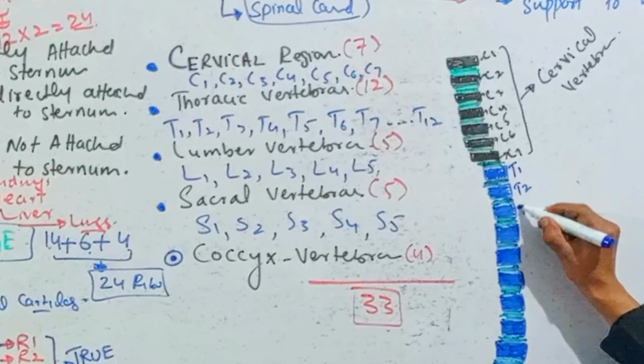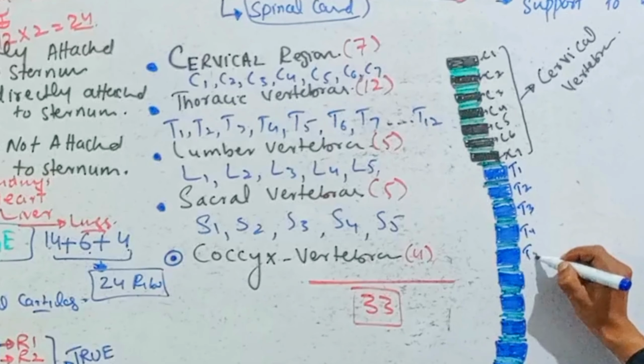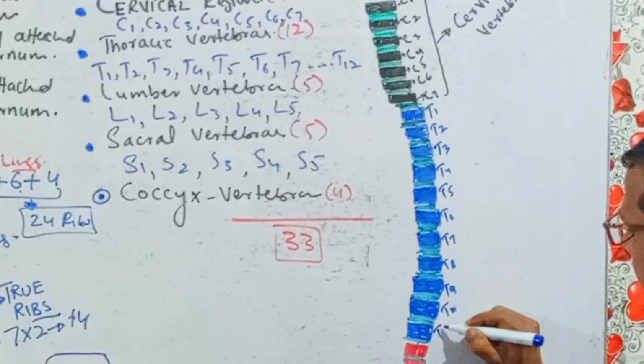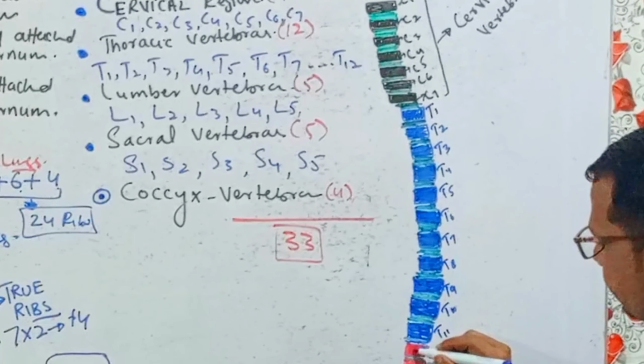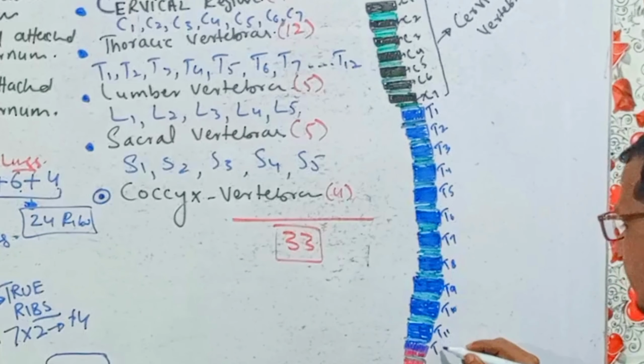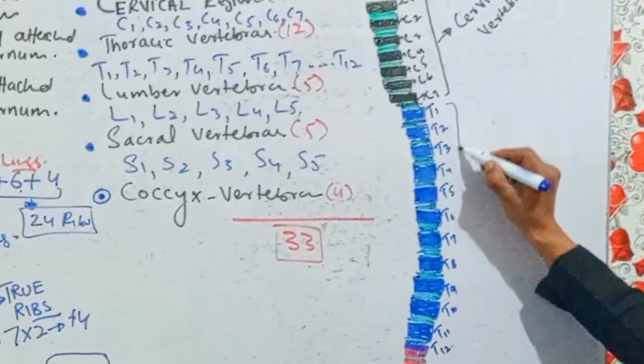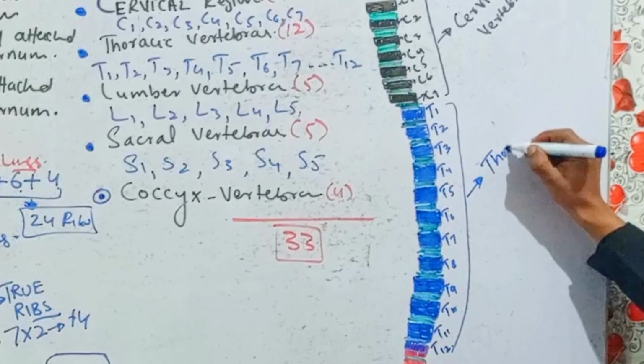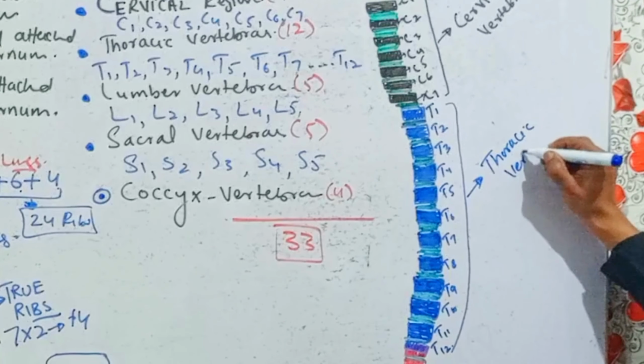These blue ones are T1, T2, T3, T4, T5, T6, T7, T8, T9, T10, T11, and this is T12. This region is making thoracic vertebrae.